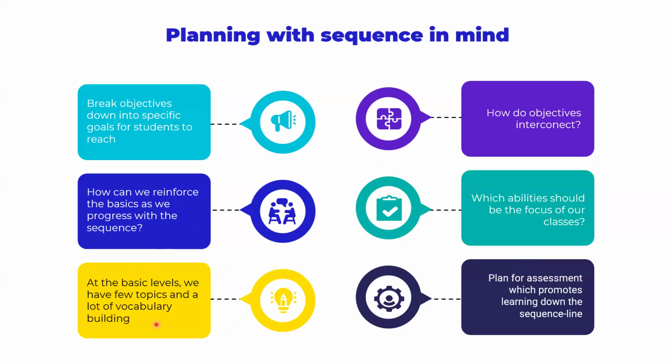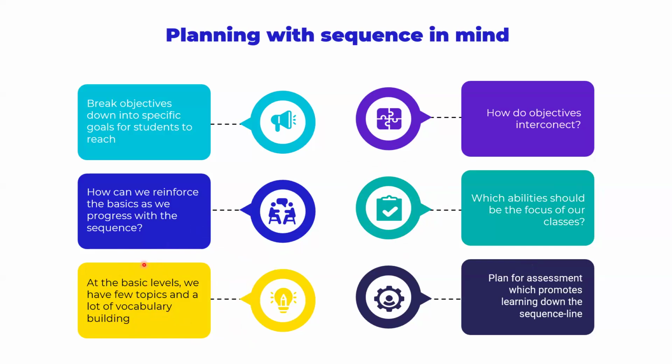And also remember that at the basic levels and also at the beginning of our sequences, we need to give a little more weight to the vocabulary building and make sure that that is also well established before we move on to more complex activities. And again, this is a great area where you can also work on phonics a lot.